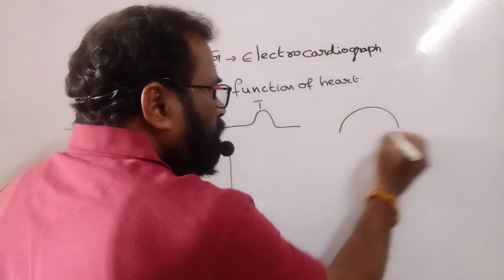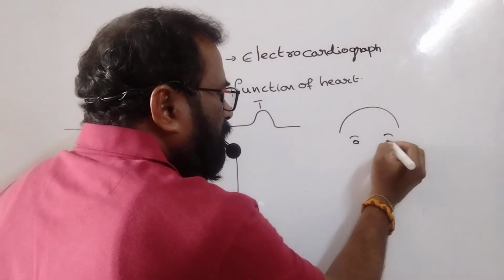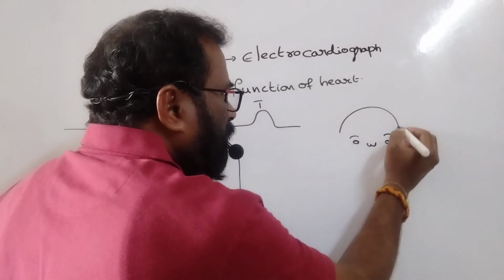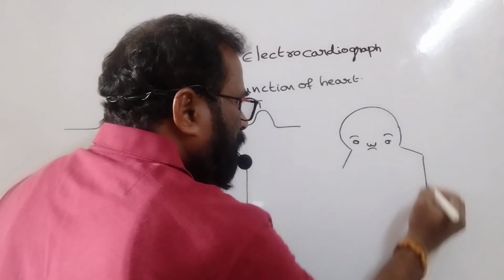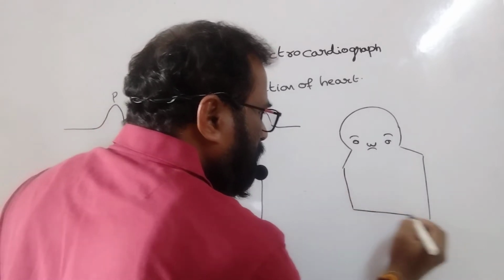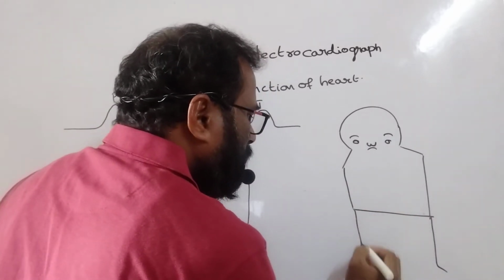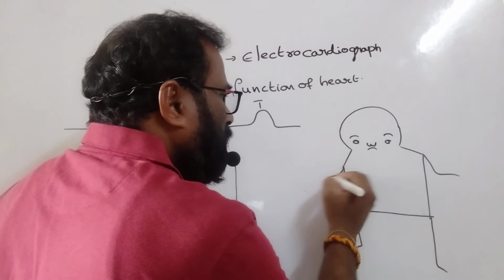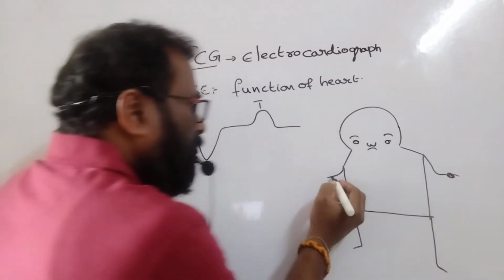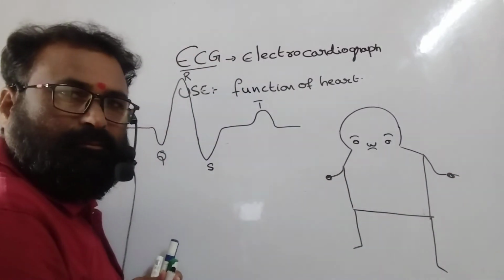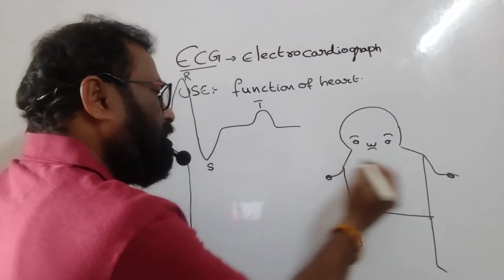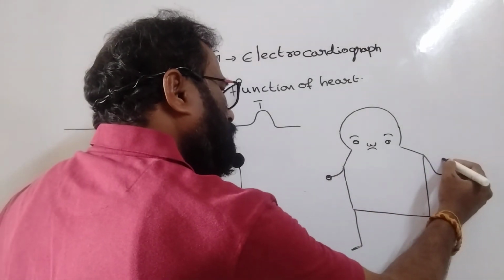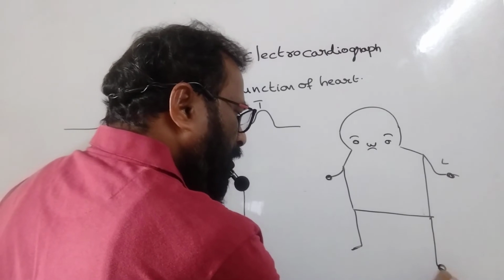Here, electrodes are fitted to a person, to his left hand and right hand, and this is the ankle.